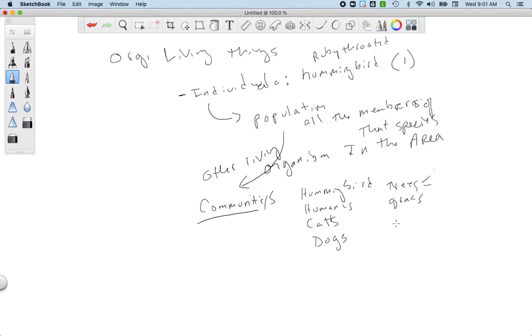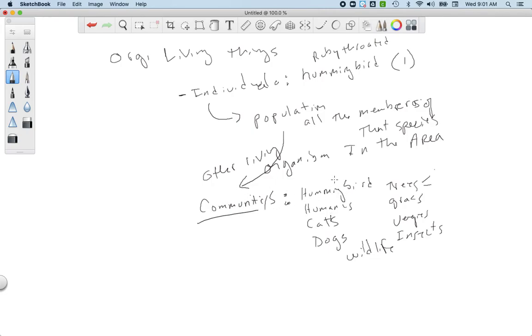The grass, we could even do that. My backyard has a garden, so there are veggies, there are insects, there's other wildlife. So that community is working together in some ways, but it is also competing in other ways. And we'll talk about the way they work together and the way they compete in a few moments as well.